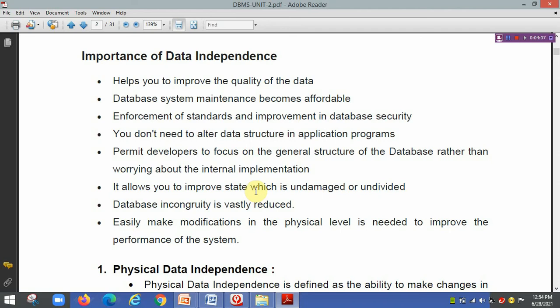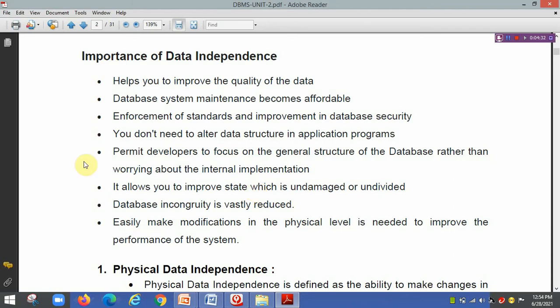Also, database inconsistency is vastly reduced. And it also makes it easy to modify the physical level, which is needed to improve the performance of the system. For this purpose, data independence is very important.